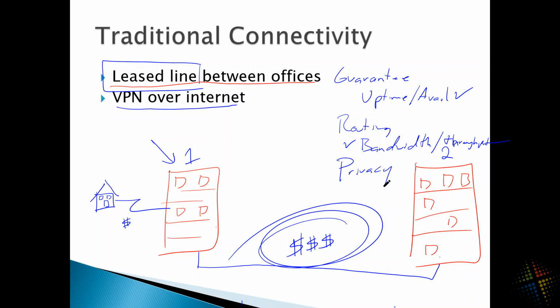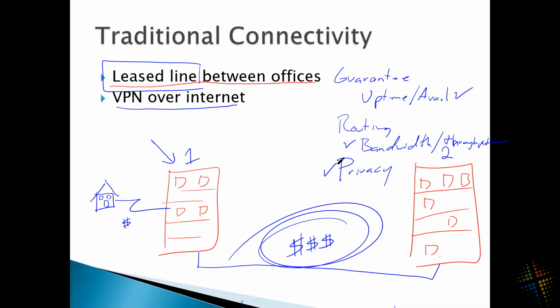So my guaranteed availability and bandwidth throughput is not there anymore. Additionally, because I'm going over the internet, my privacy isn't necessarily guaranteed anymore. I now have to encrypt all of my data and hope that my encryption is strong enough to beat anybody who's trying to get into my data. So less expensive, but not all the guarantees that are available out there.